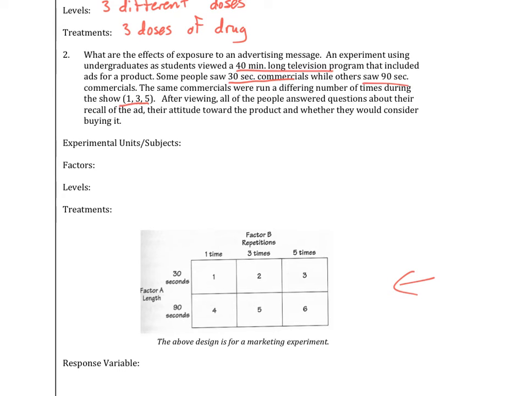So the experimental usage would be the undergrad students. The units would be undergrad students. So the people in the study. The factors. So the factors, remember, are the things you're going to change. So what is going to change?